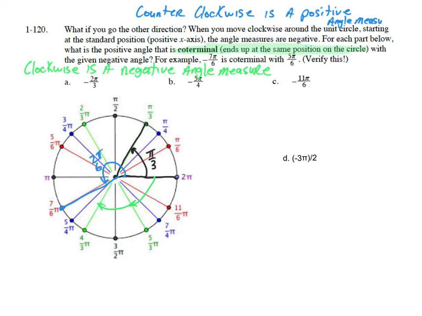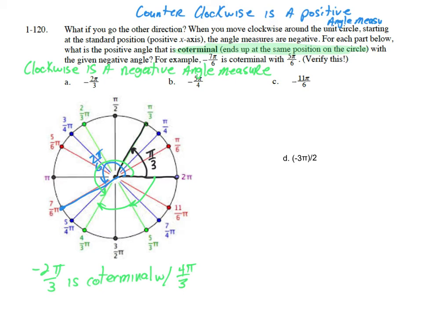I'm at the same place on the unit circle as what positive angle measure? Well, that's 4 pi over 3. So a negative 2 pi over 3 is coterminal with a positive 4 pi over 3.